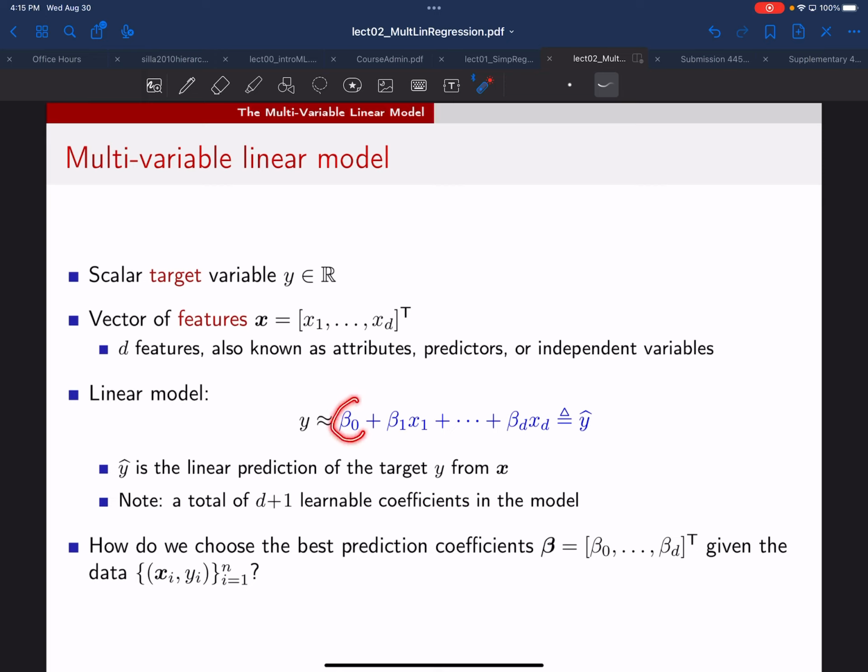Just like before, we have an intercept term, right? But then for each feature, we also have a slope term. So before it looked like that. We had an intercept and one slope. Now we have multiple slopes. Each one of these features gets its own slope. But otherwise, it's the same principle as we saw before.